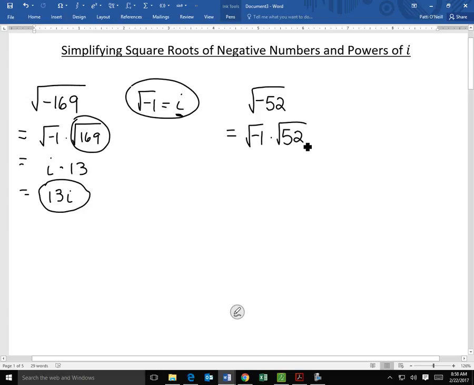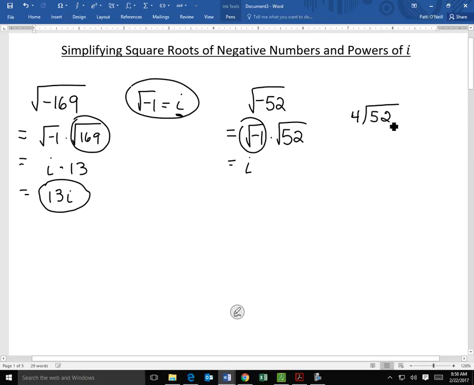The square root of negative 1 is equal to i, but 52 is not a perfect square, so we have to think to ourselves, is there a perfect square that divides into 52, so that we can break 52 up into factors where one of them is a perfect square? So if I think about my perfect squares, I think that 4 goes into 52. I'll try it on the side here.